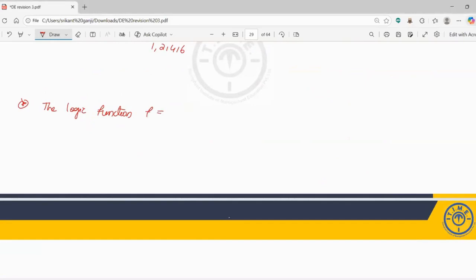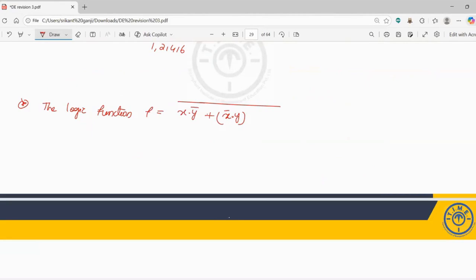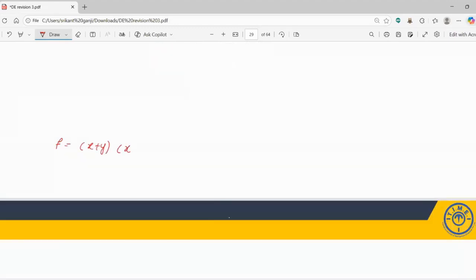Okay. The logic function f is equal to (x y bar)' (x y bar plus x bar y)' is the same as: A, f is equal to (x plus y) into (x bar plus y bar).